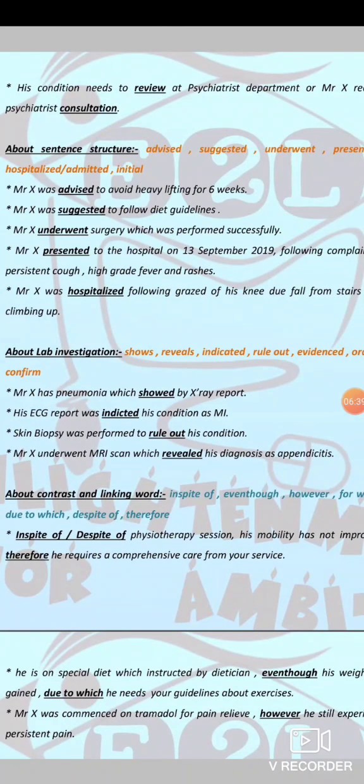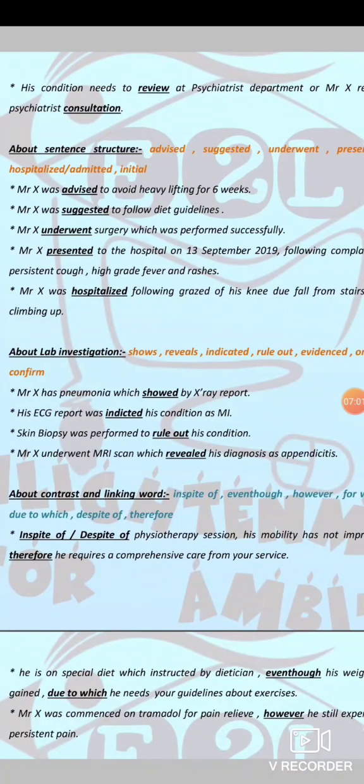If you are using contrast and linking words, then obviously your sentence is called a complex sentence or compound and complex sentence. In our next class, we'll discuss sentence structure. There are four types of sentence structure: simple sentence, compound sentence, complex sentence, and compound and complex sentence.